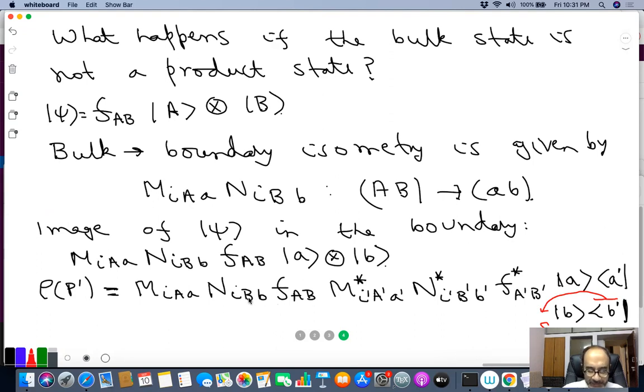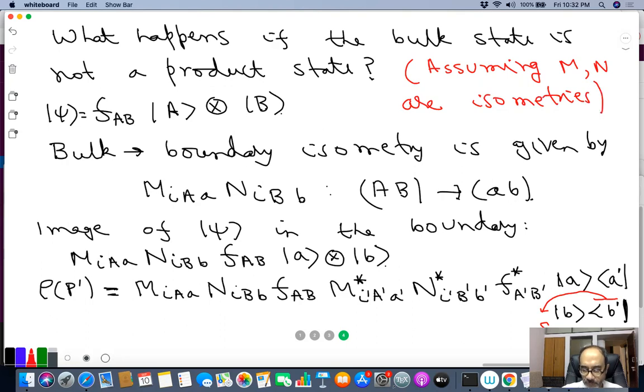But now you immediately see that, assuming that M and N are isometries, we are assuming here the isometries. So let me write this. Assume, then these factors together, because you have a sum over B, right?